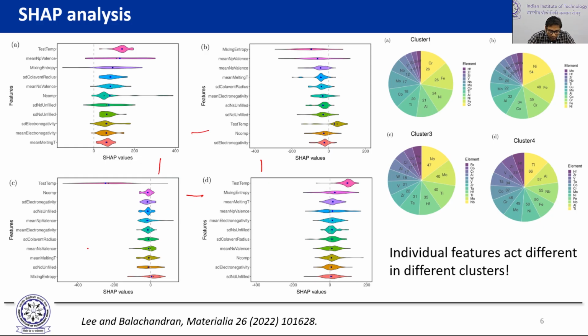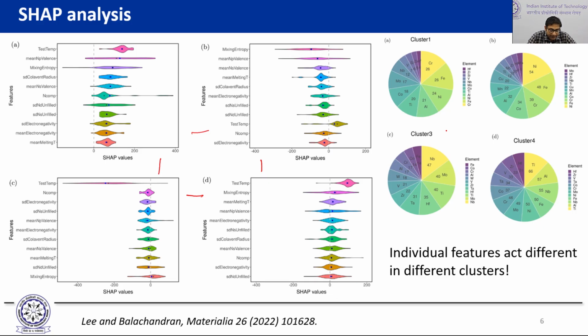Now, if you look at this figure on the right, at the compositions of the different classes, what the authors have done is simply make pie charts which show how many times a particular element was occurring in that cluster.